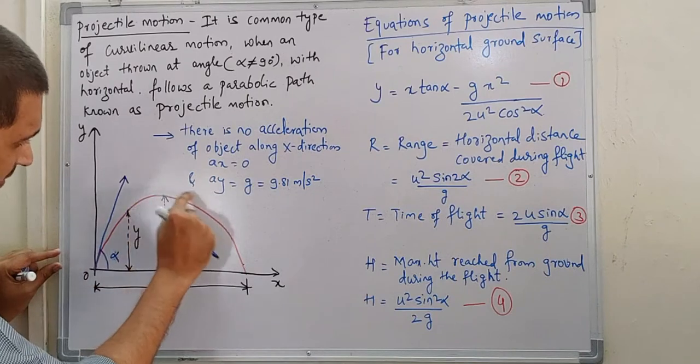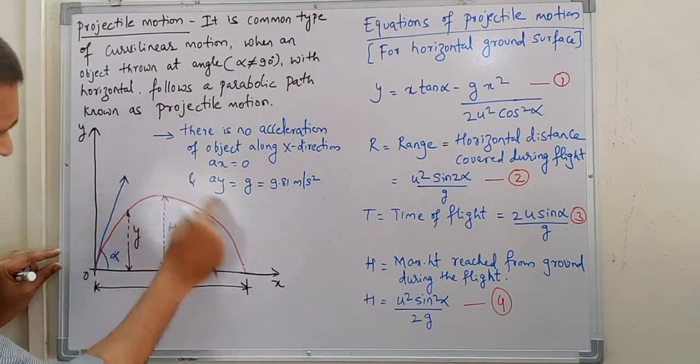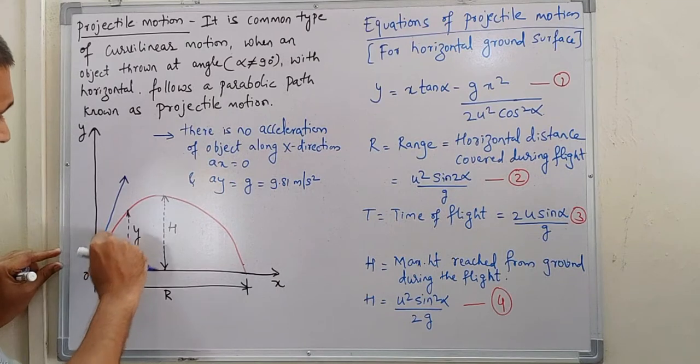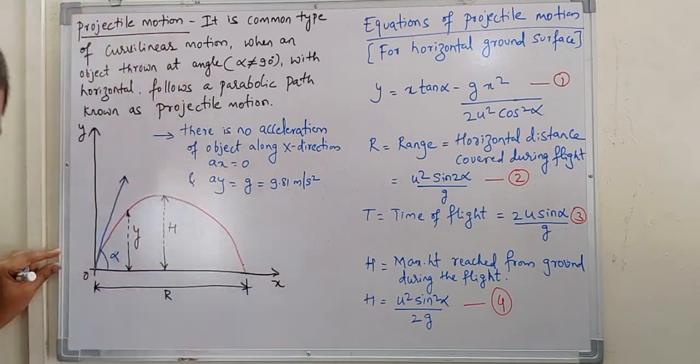The motion of the body along this parabolic path itself, we call it as what? Projectile motion.